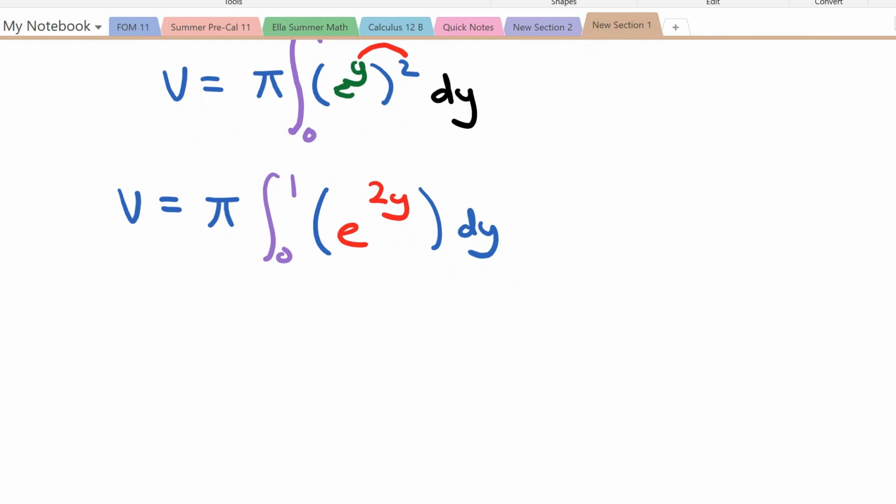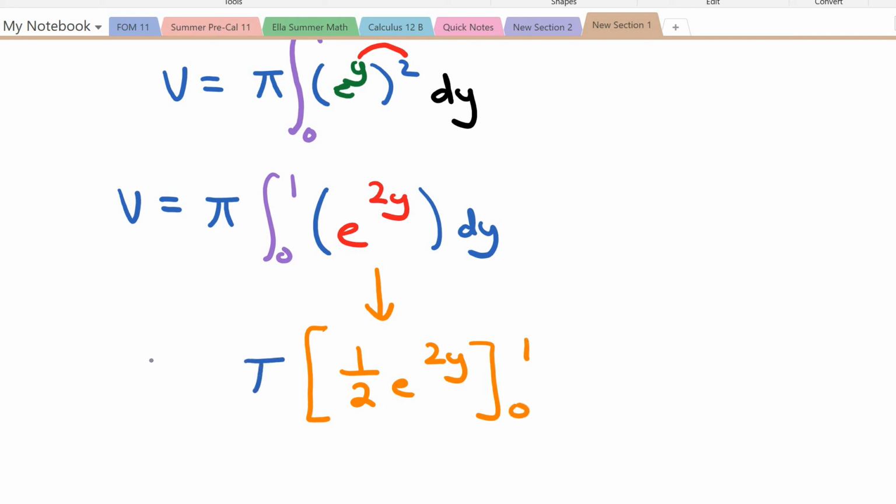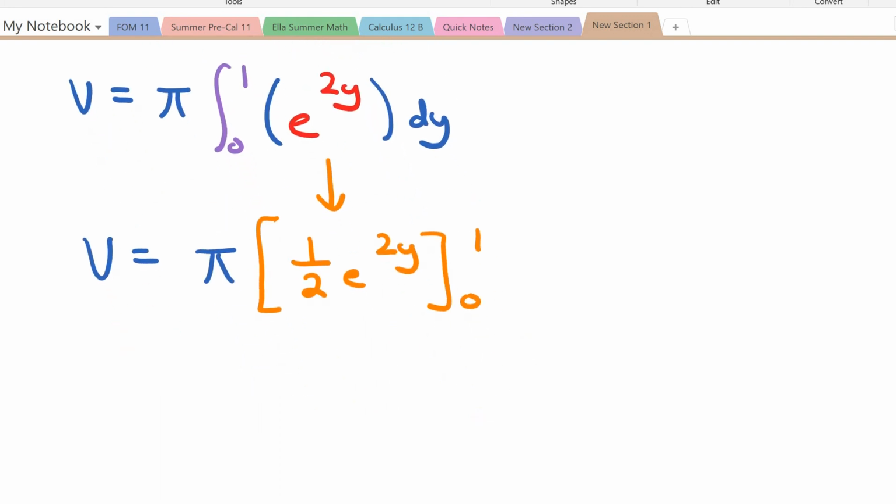Okay, let's go ahead and find the antiderivative now. The antiderivative of e to the 2y is 1 over 2 e to the 2y. And that's going all the way from a lower bound of 0 to 1. And then I have a pi in front. My recommendation is I would take the constant of 1/2 out and multiply it with the pi. So that gives you pi over 2.